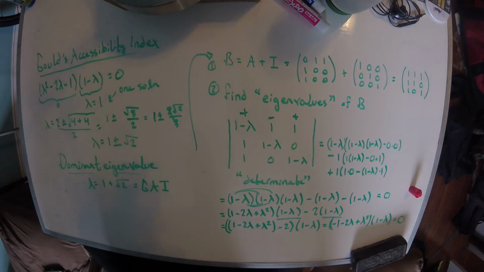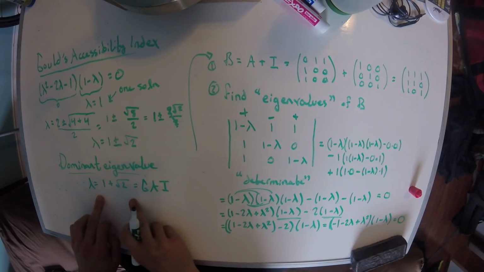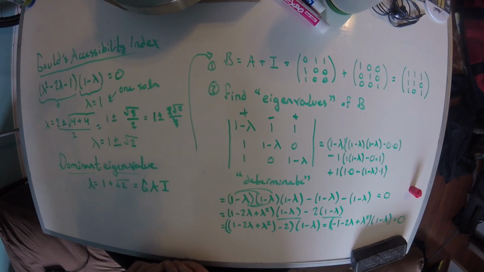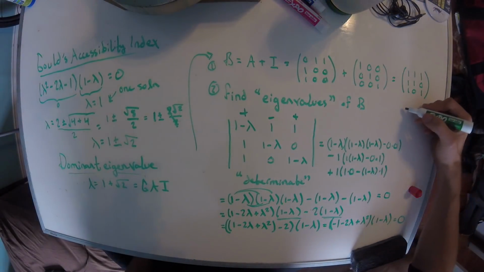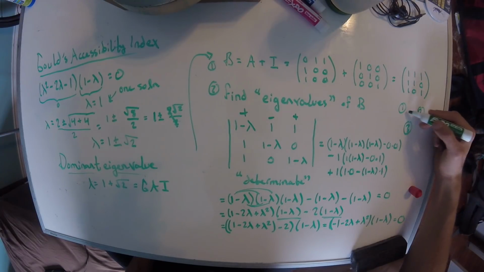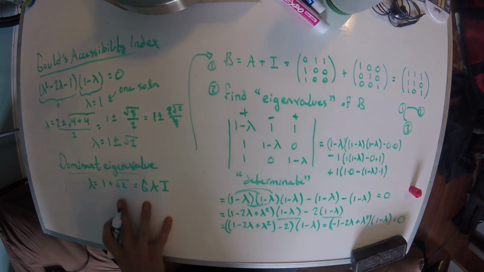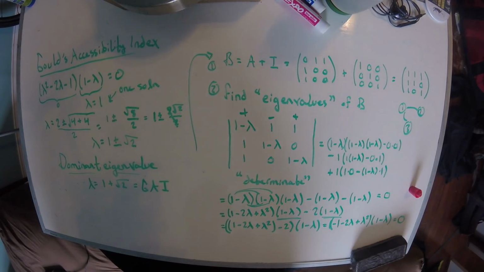Okay, so the one last thing that I want to set up here after we've found our Gould accessibility index is, so this represents the, we had our network, and it looked something like this, where we had, I guess, 1 going to both 2 and 3, and this represents the overall accessibility of the entire network, just the average accessibility of all of it.